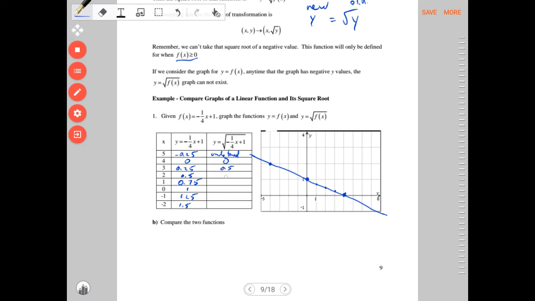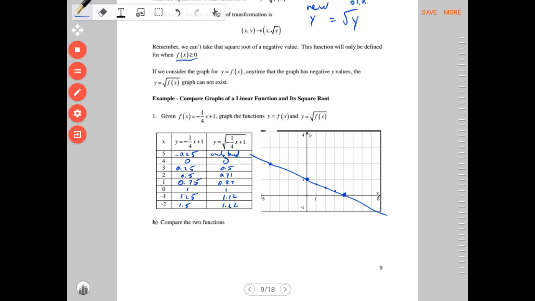Square root of 0.5 is 0.71. Square root of 0.75 is 0.87. Square root of 1 is 1. Square root of 1.25 is 1.12. And square root of 1.5 is 1.22.